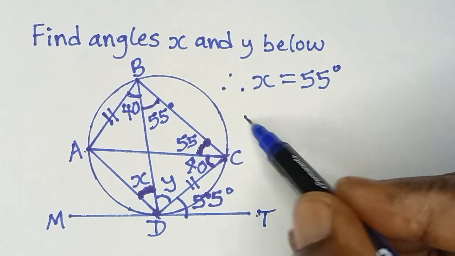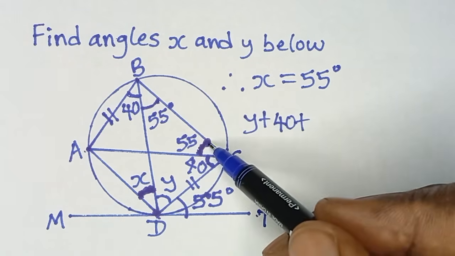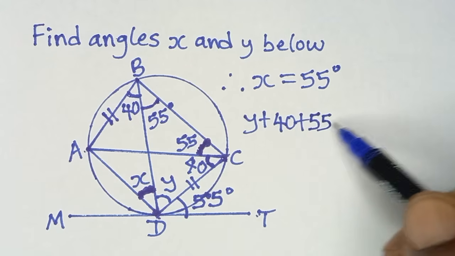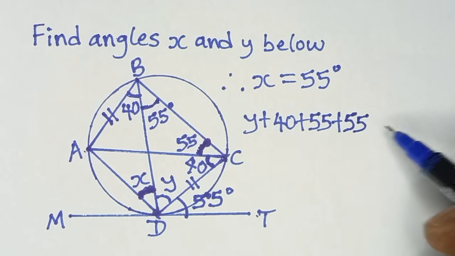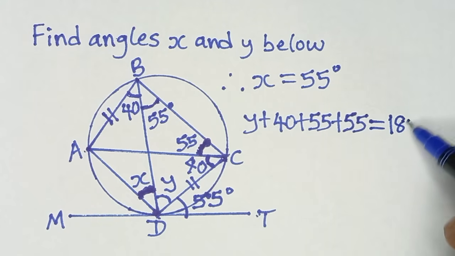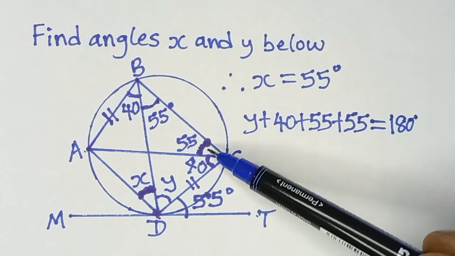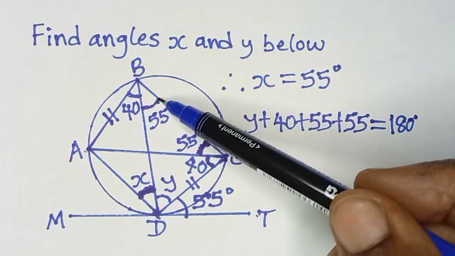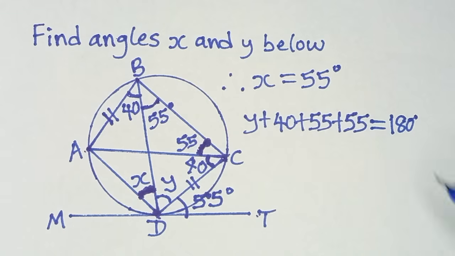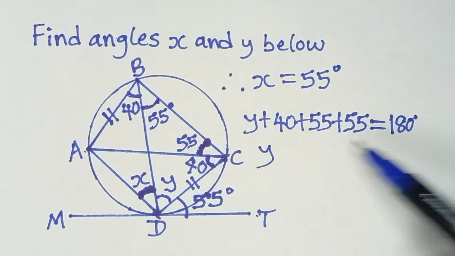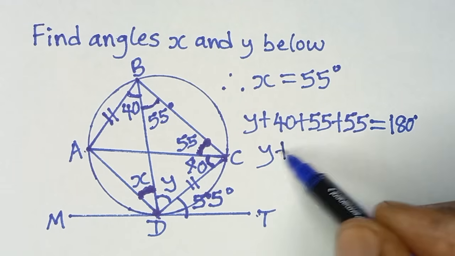So you agree with me that Y plus 40 degrees plus 55 degrees and then plus this last 55 degrees all together sum up to 180 degrees. Why? Because the sum of angles in a triangle is equal to 180. So you agree with me that 55 plus 55 is 110. 110 plus 40 will give us 150.